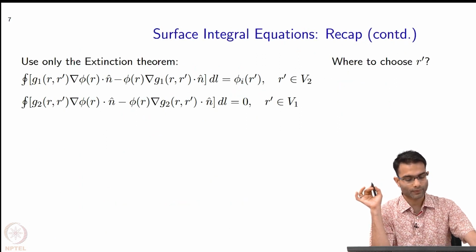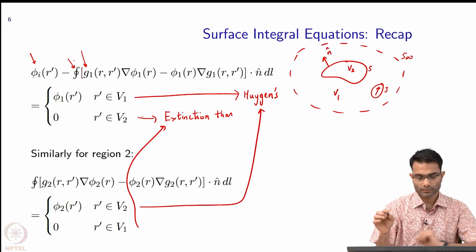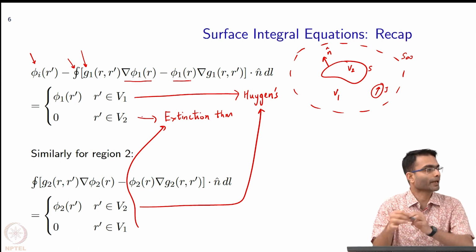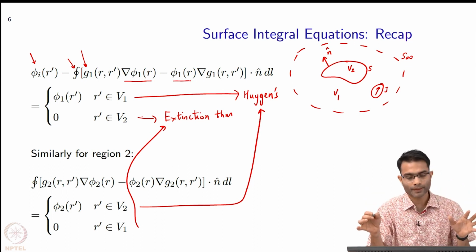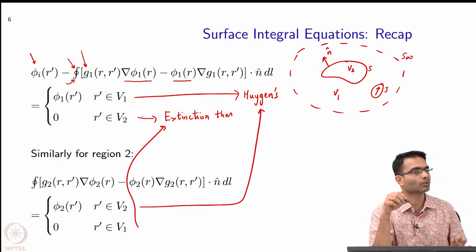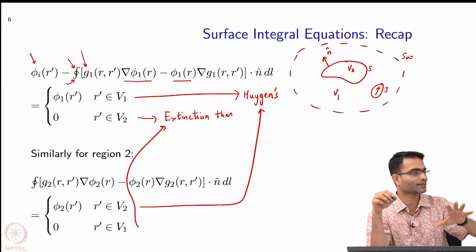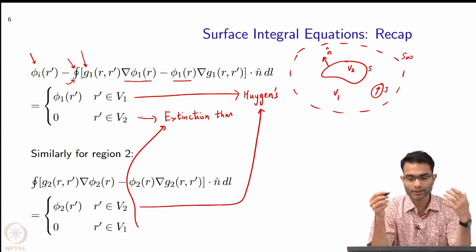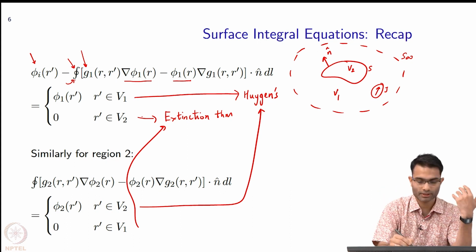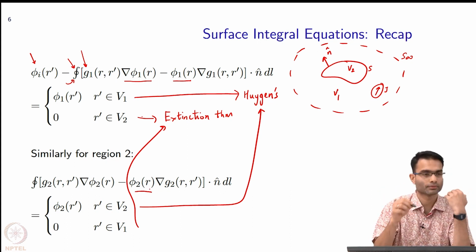Moving further, one thing we realized was that grad phi 1 and phi 1 are not being evaluated anywhere in space, this is a contour integral. They are only being evaluated on the surface S, and then what relation did we use to say that phi 1 and phi 2 should be the same? There is a phi 1 here and there is a phi 2 here.